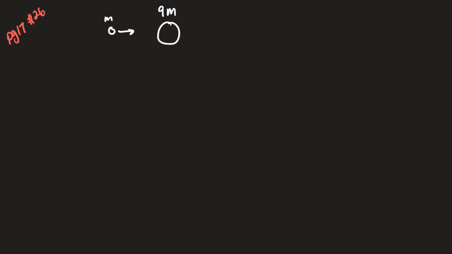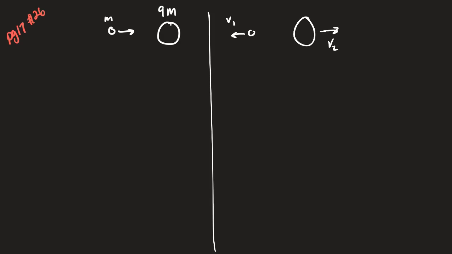If it's an atom kind of question, they could just give you the atomic units, and that's still just like m and 9m. After the collision, though, I don't know what the two objects are doing. We don't know what their velocities are, v1 and v2. I'm just assuming that the little object bounces off the big object, but I don't really know.